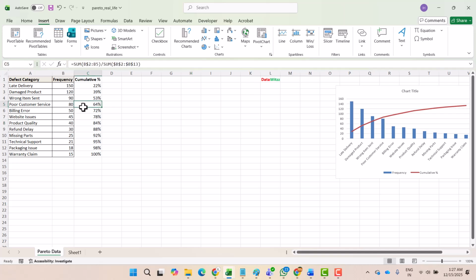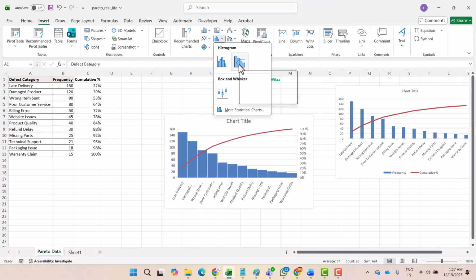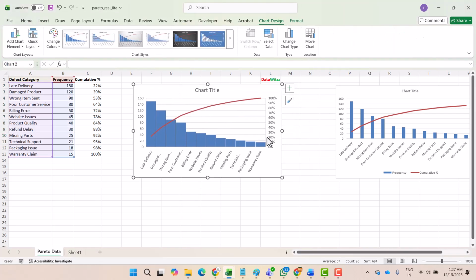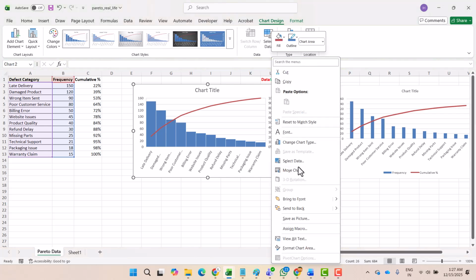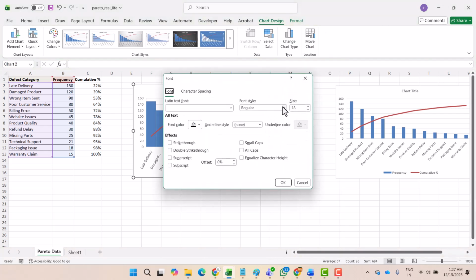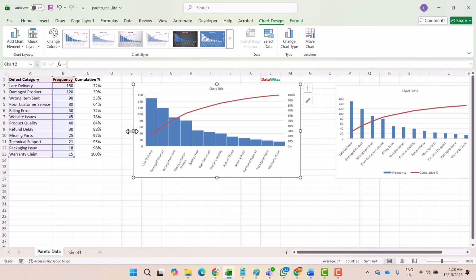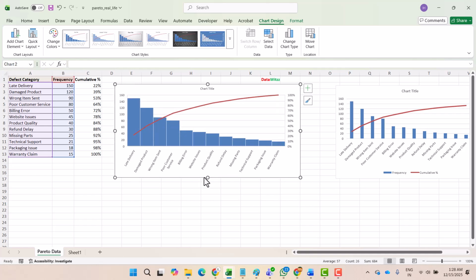So now let us suppose I have created my chart, and this is how it will look. So this is also prepared.